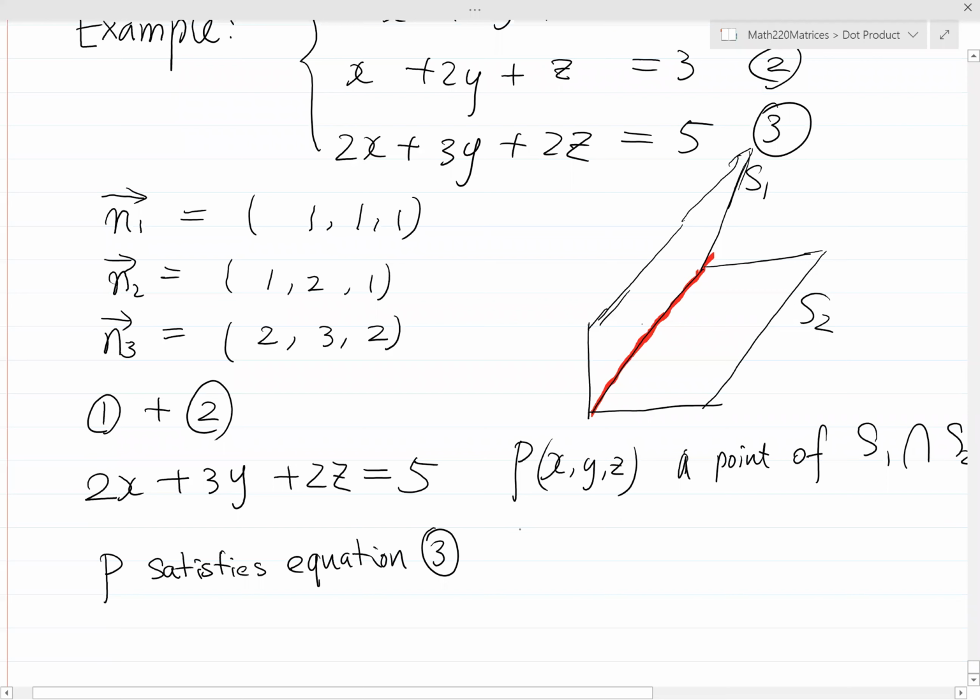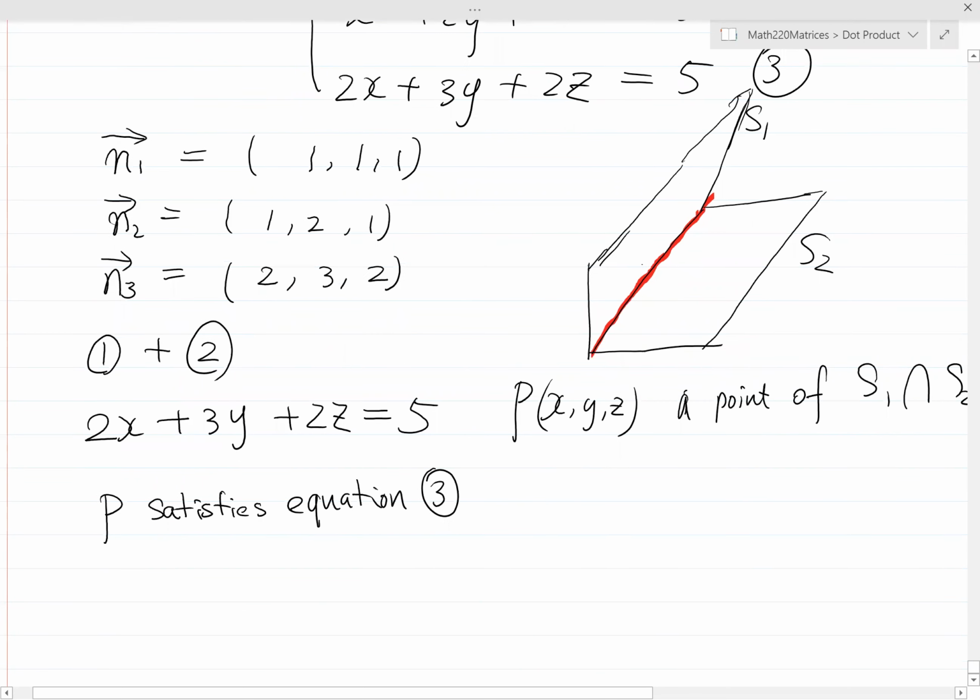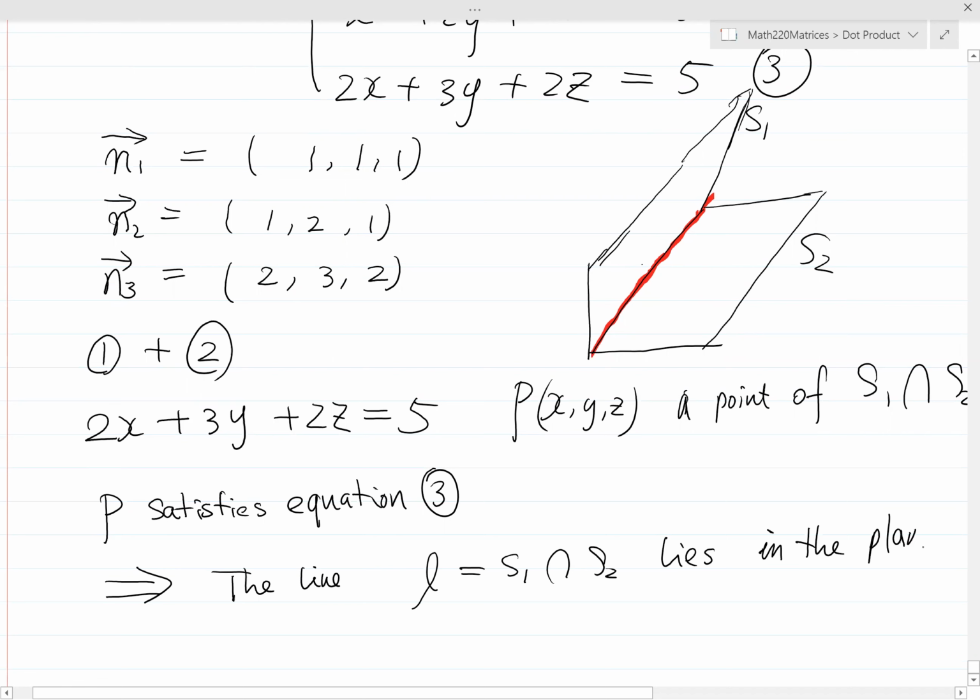Because P is an arbitrary point on this intersection, the line L, which is S1 intersect S2, lies entirely in the plane S3, defined by equation 3.